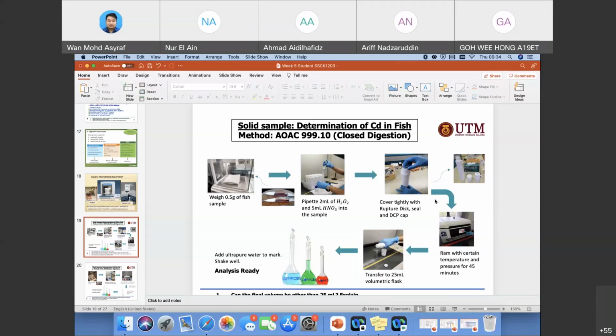So in this instrument, your digestion process would start. The temperature would aid in the digestion of your organic material with the help of the acids as well. After that, you transfer it into a 25 ml volumetric flask, and then it is ready to be analyzed.